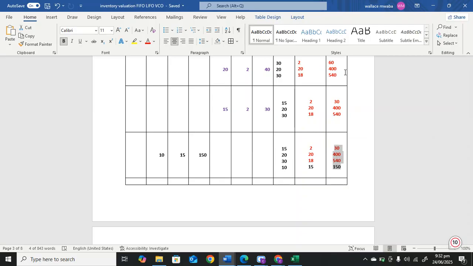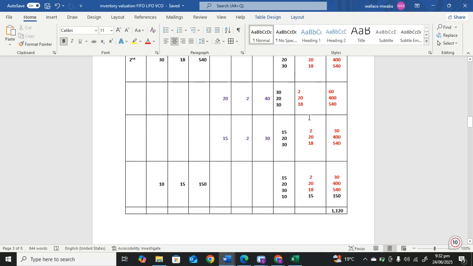30 plus 400, 430 plus 540, that's 1,120. So that is the value of the closing inventory, 1,120.